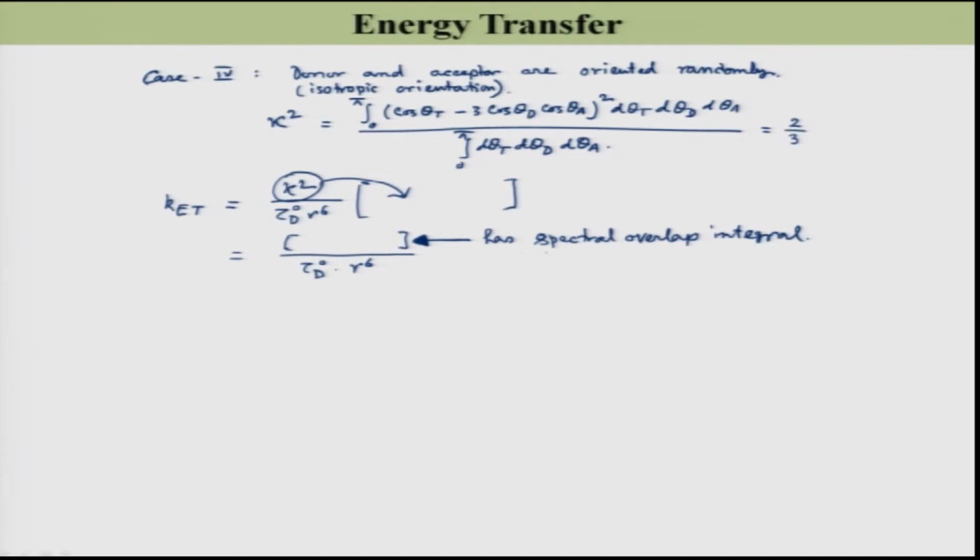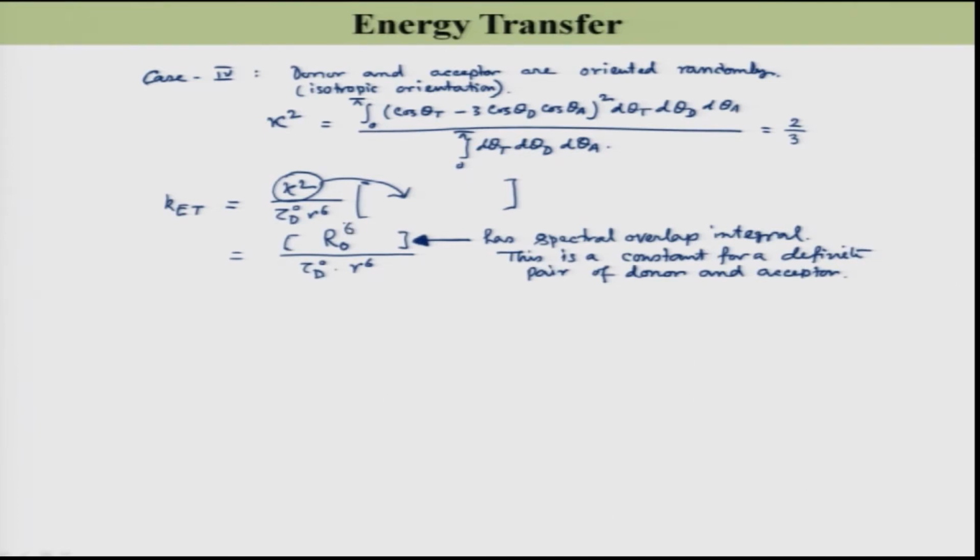So, this is a constant for a definite pair of donor and acceptor, and that constant is written as capital R0 to the power 6.